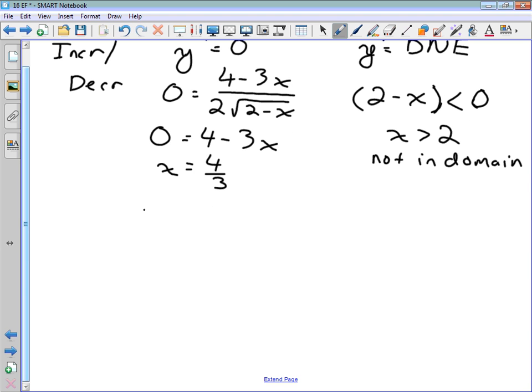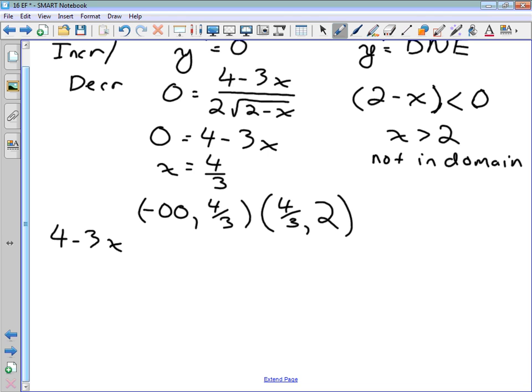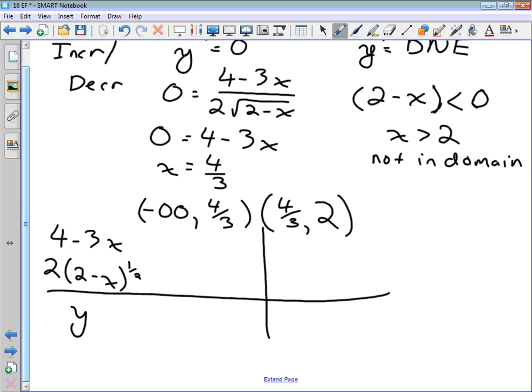Set up our interval table. From negative infinity to 4/3, and then from 4/3 to 2, because that's where our domain stopped. Let's check the sign of each of these terms, 2 minus x to the 1/2, to figure out whether our function is increasing or decreasing.